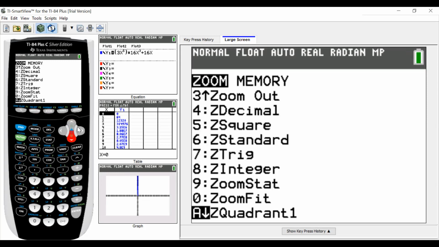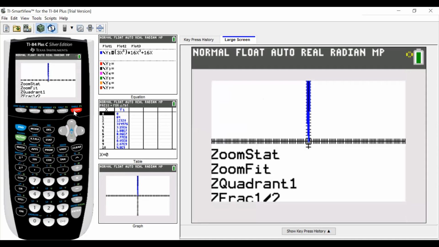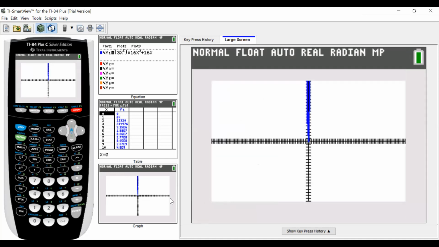Okay, whoops, not zoom stack, zoom fit. So number 10 is zoom fit. So rather than playing around trying to figure out where your graph goes, if you go to zoom fit graph, it should, keyword should, try to at least show you where that graph is going to be. But that's okay. I feel like generally that's how you will graph this.